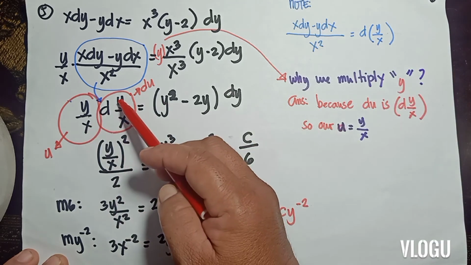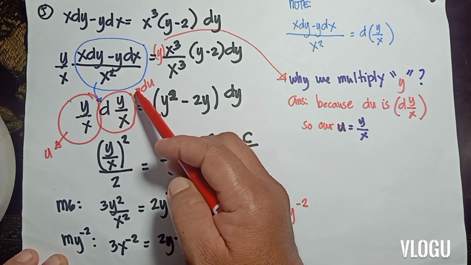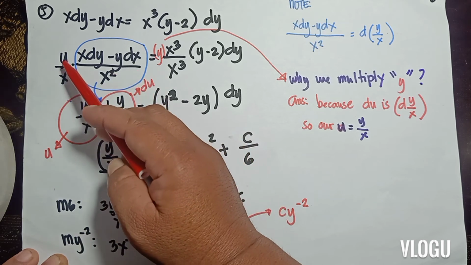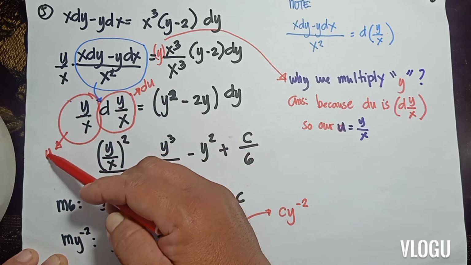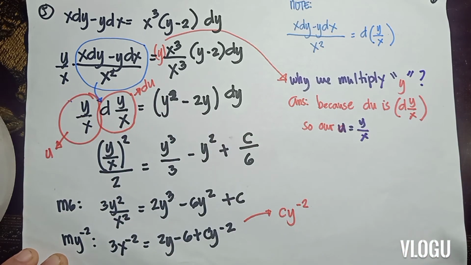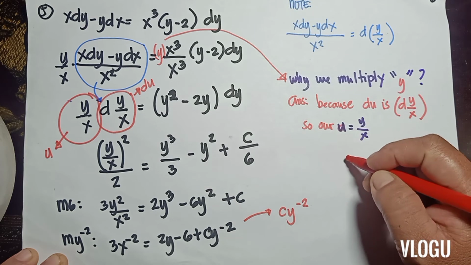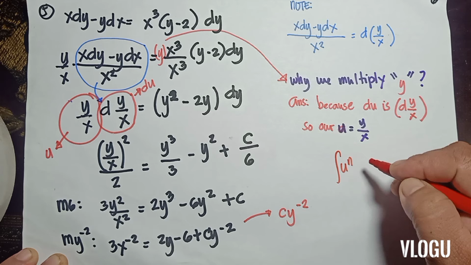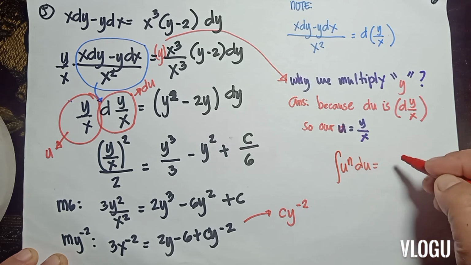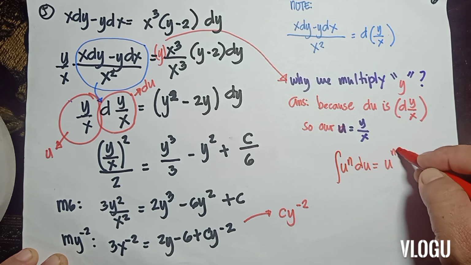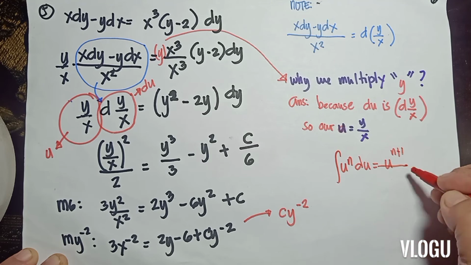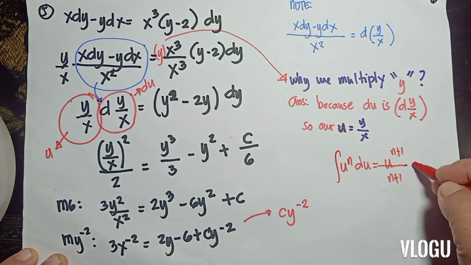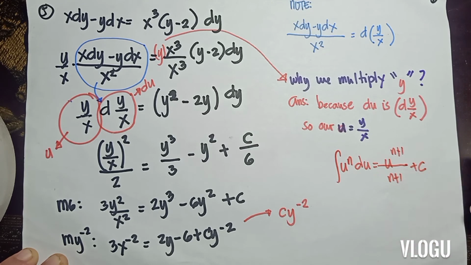Okay, dy over x. So this is my du. And y over x, that is my u. So remember, if you have a form of u to the n du, that is now a form of u to the n plus 1 over n plus 1 plus c.